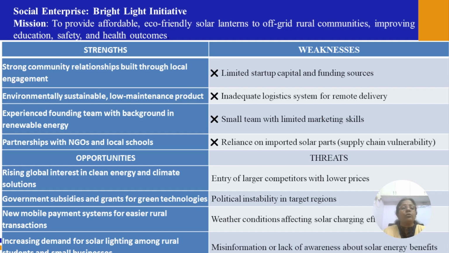So, for this social enterprise, the mission is to provide affordable, eco-friendly solar lanterns to off-grid rural communities, improving education, safety, and health outcomes. This is the SWOT analysis chart of that particular company, the Bright Light Initiative.